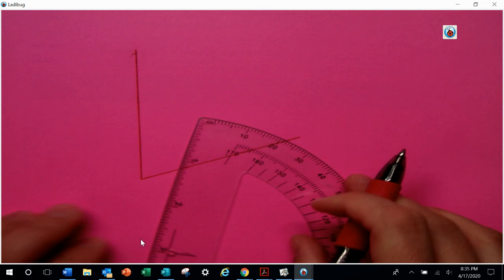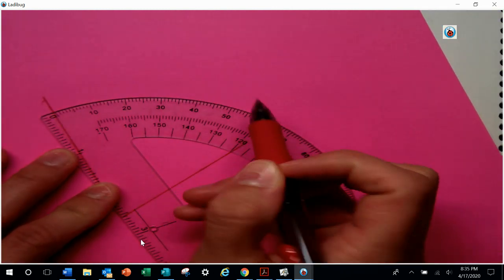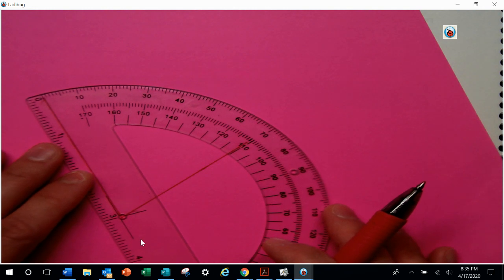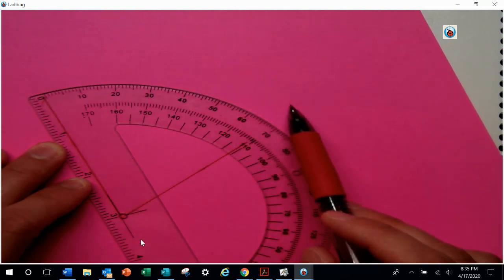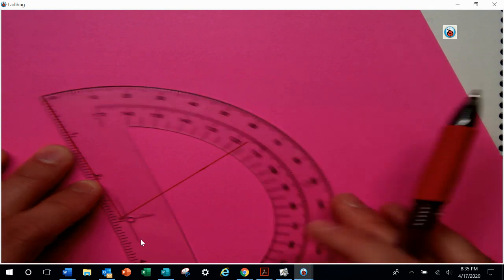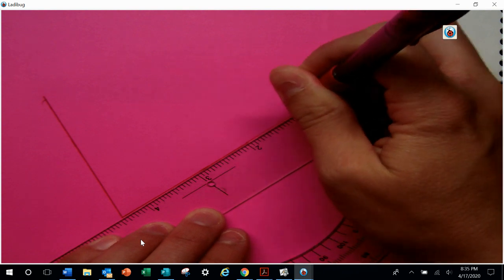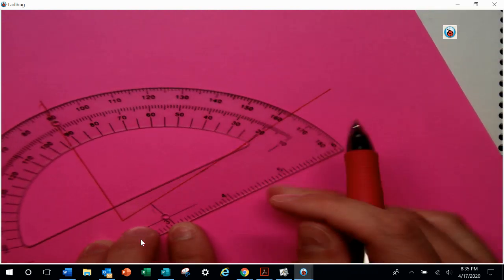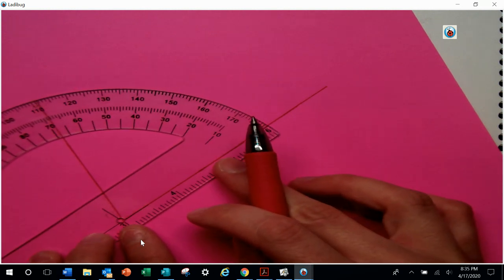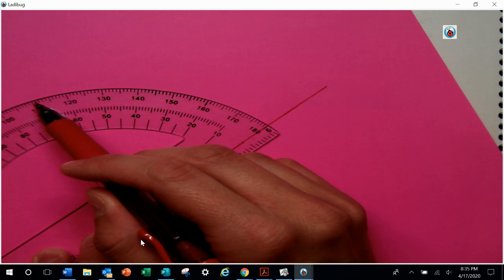I'm going to use this outside set of numbers if I'm going to start measuring from here and find the other line. I'm going to use the inside numbers if I decide to line up and start my measuring here to find my angle.